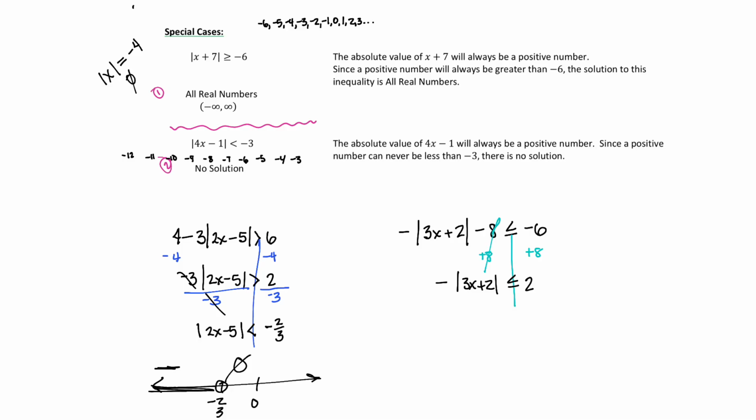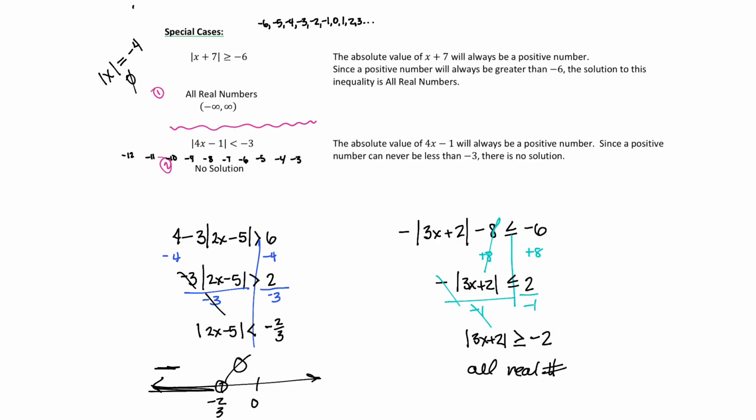We have to divide by the coefficient. In this case, it's a negative 1, so these cancel. We end up with the absolute value of all of this. Flip the sign around because I divided by a negative, is negative 2. Okay, and you're done. All real numbers.